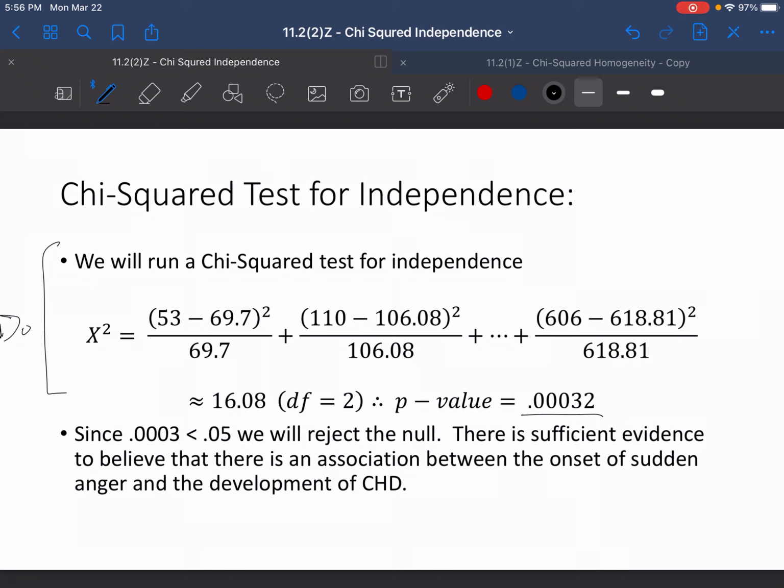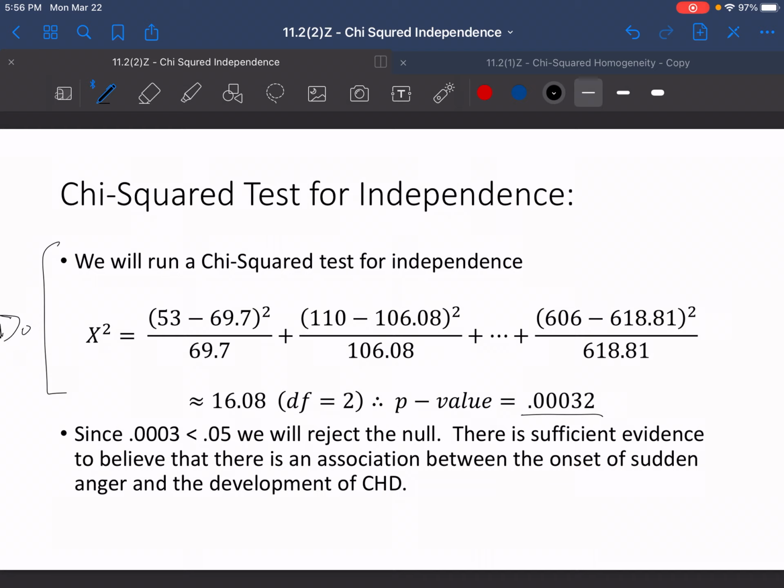From there, we can create our conclusion, which we know that our p-value is going to be less than 0.05. So in that case, since it's less than the significance level, we would reject the null, and we would say that there's sufficient evidence to believe that there is an association between the onset of sudden anger and the development of CHD. So again, when we're giving context to our conclusion, you want to make sure that you are using the alternate hypothesis.